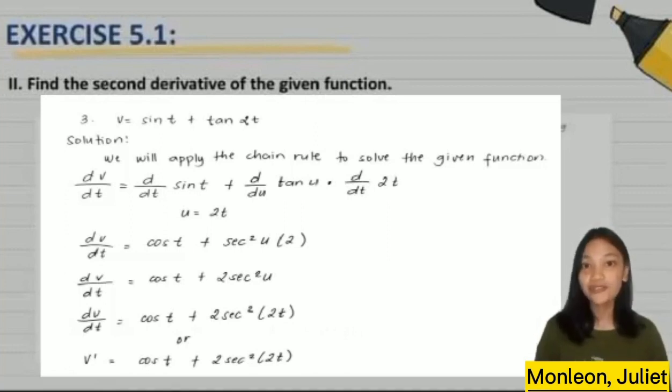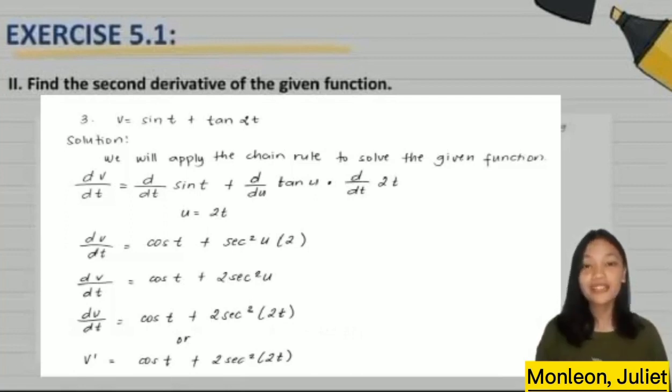So, the derivative of sine t with respect to t is equal to cosine t, while the derivative of tangent u with respect to u is equal to secant squared u. The derivative of 2t with respect to t is 2. So, the derivative of v with respect to t is equal to cosine t plus secant squared u times 2.